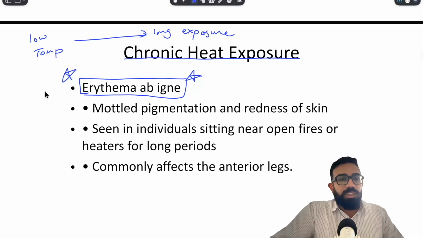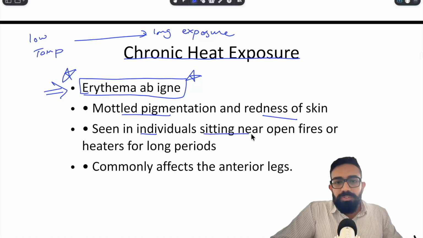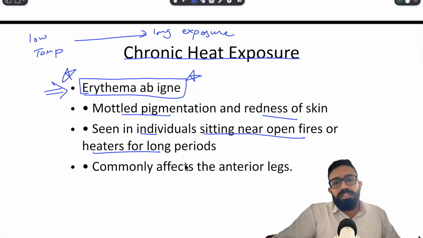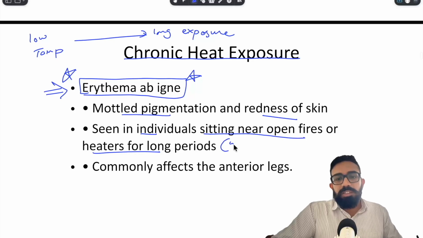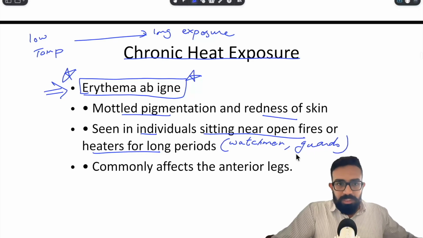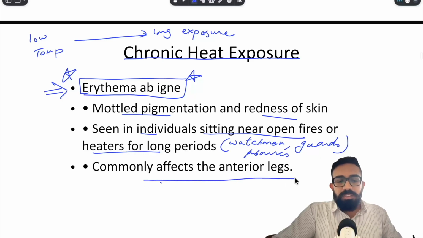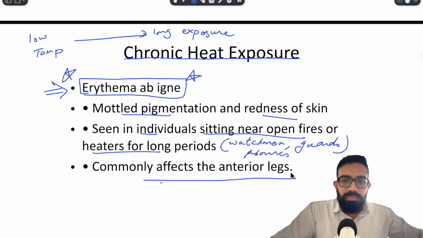It is mottled pigmentation and redness of skin, and it is seen in individuals who have a habit of sitting near open fires or heaters for long periods. Who are generally these individuals? These are your society watchmen, your guards working outdoors in winters, laborers, and you generally see it on the anterior aspect of the legs.